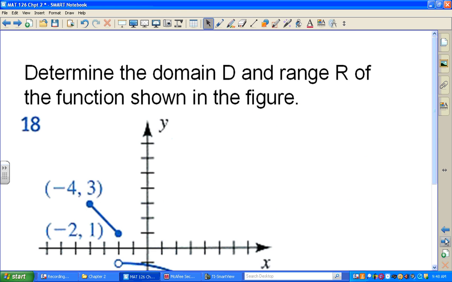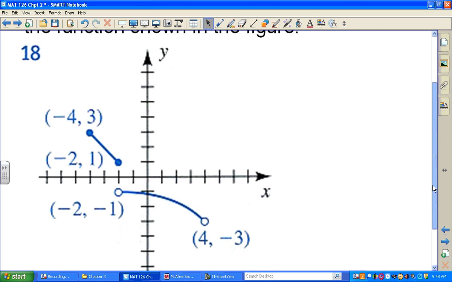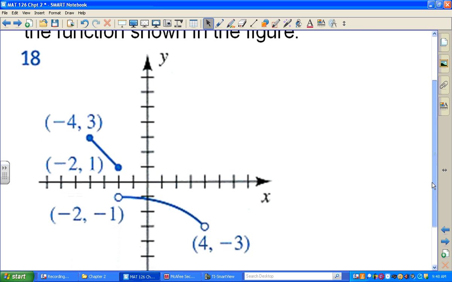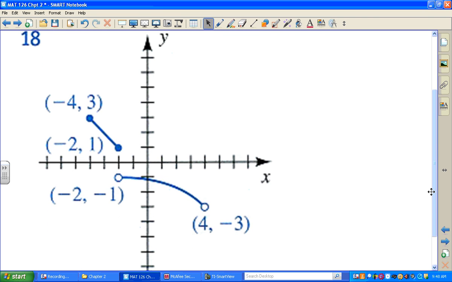What's next? Domain and range. This is number 18 in your textbook. I heard a sigh that usually means they're ready for more. You ready? What x's are we using in this problem? Matt? I'm starting at -4 with a closed dot. That means including, doesn't it? 1, 2, 3, 4. And keep going.